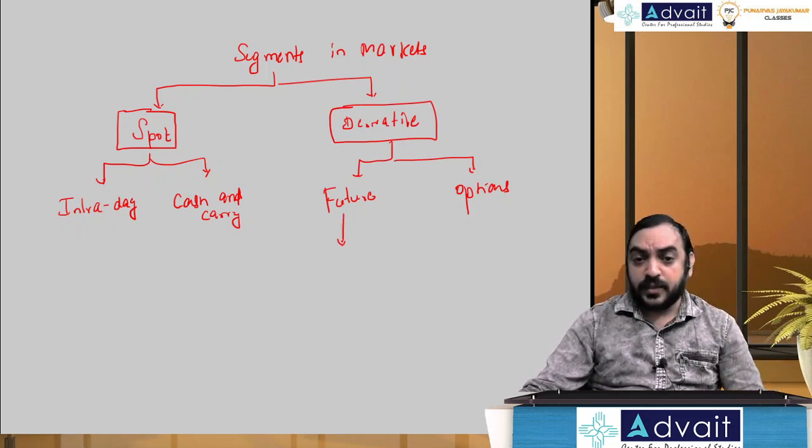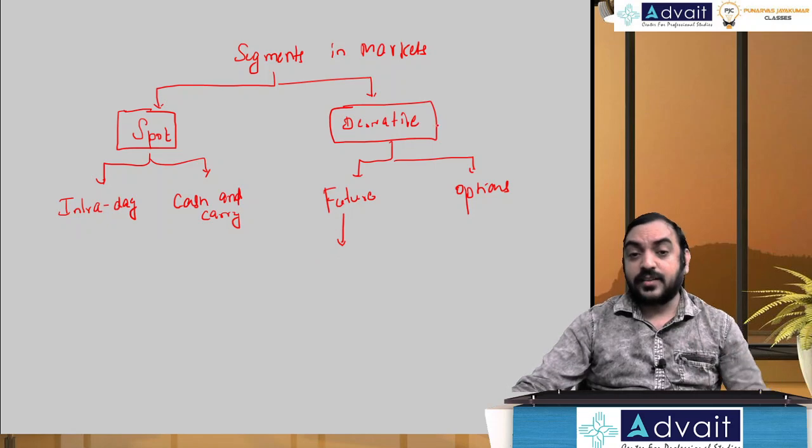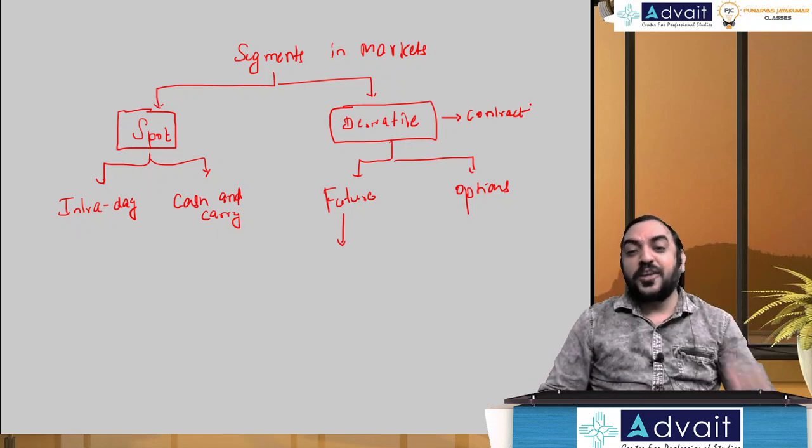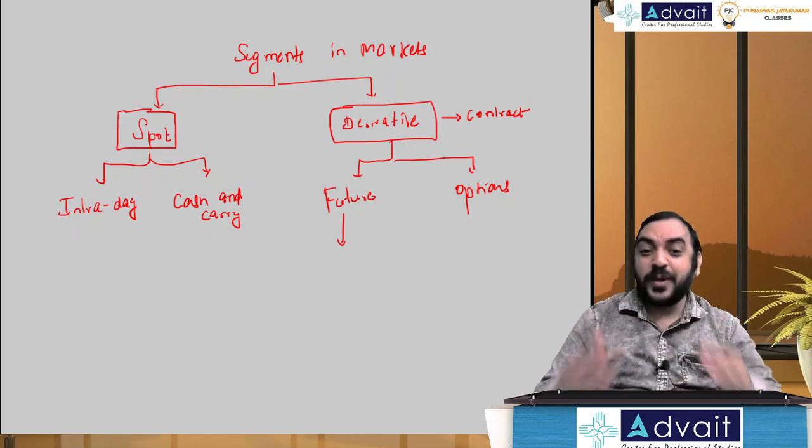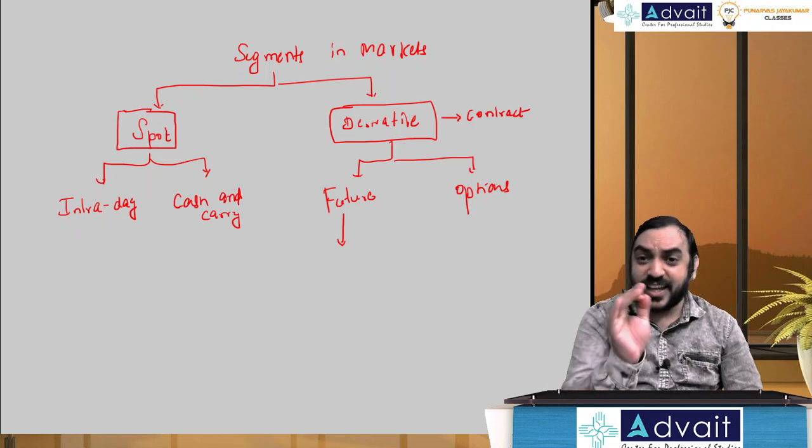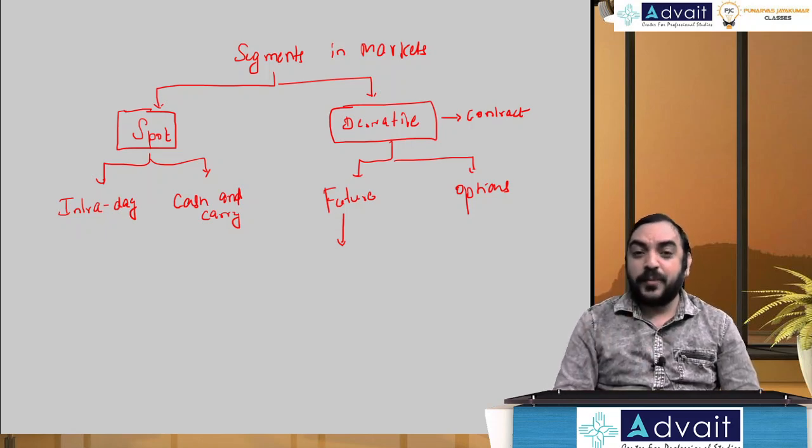Future segment means it is a contract. Essentially, derivative means a contract. What is the beauty of a contract? You don't make full payment today. It's an agreement. In the spot market, the price is 1,000 rupees and you have to pay 1,000 rupees directly.